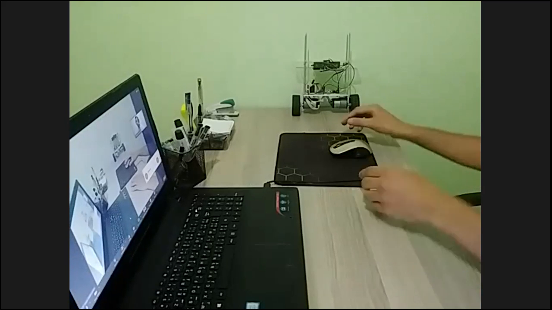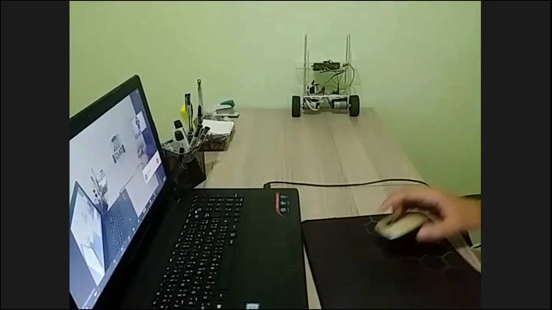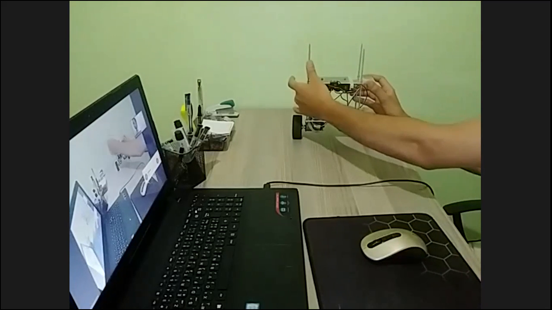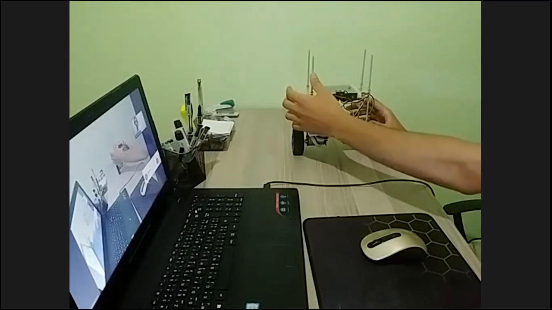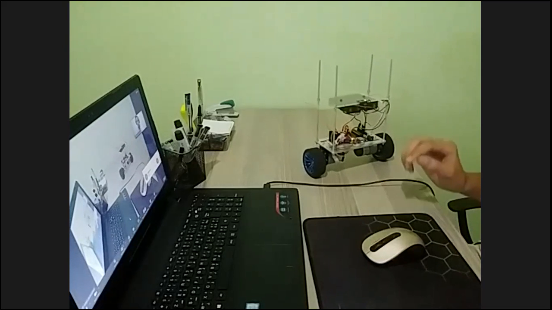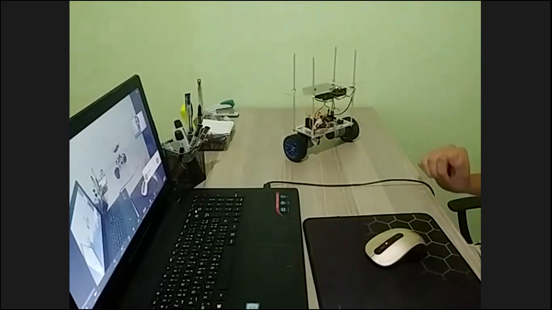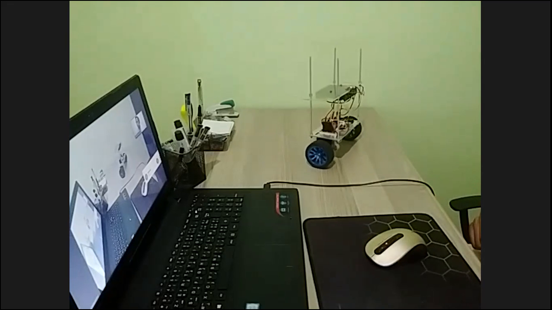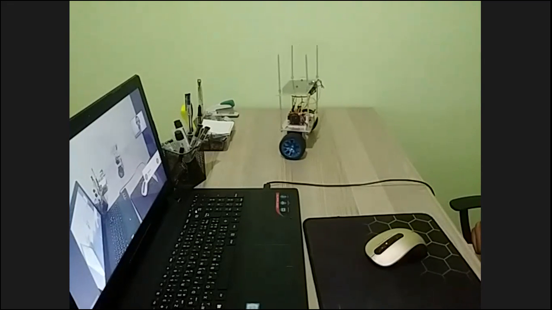All right, so this is a real-time demonstration. Okay, so our robot is trying to keep balance, is trying to stay balanced, as you can see.